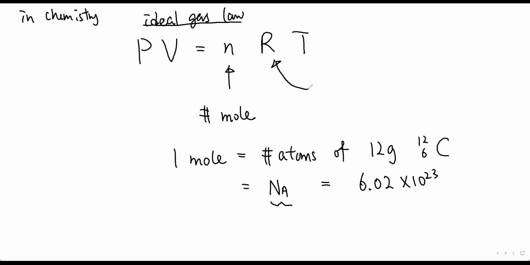So for R, it's called the gas constant or universal gas constant. The value is given in the form sheet and also in your calculator. It's 8.31. Do you need to know this value in chemistry? Shift 7, 4, 3.